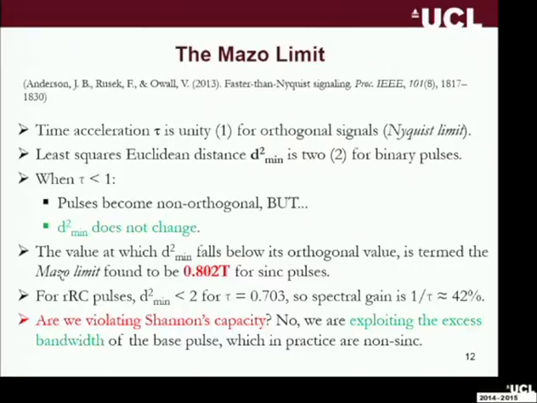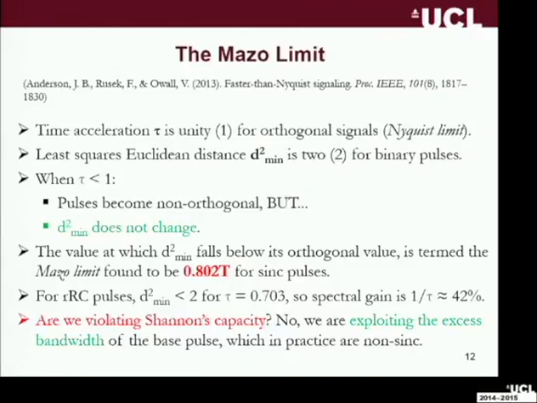So the question comes along, everyone says, well, why are you violating Shannon's capacity? And we're like, no, we're not doing that. Shannon's capacity assumes that you're using sinc pulses and assumes that everything is linear. So what we're actually saying here is, well, no, for practical pulses like the root-raised cosine pulses, you can actually exploit what's called the excess bandwidth, which I'll not go into details.